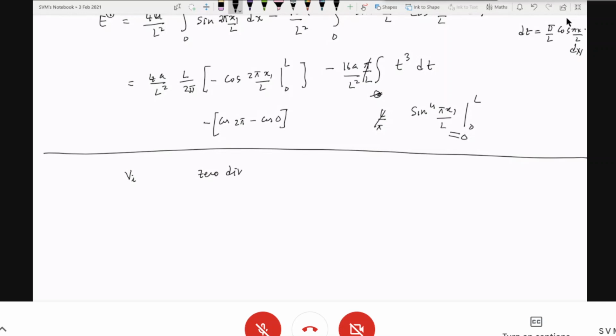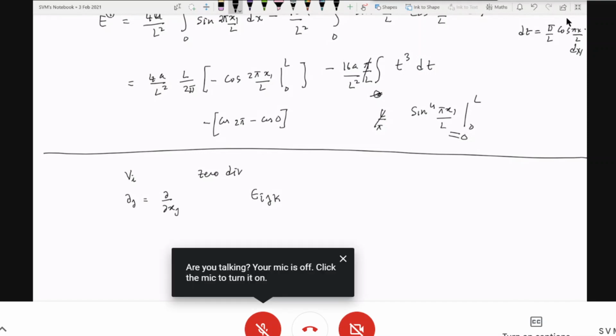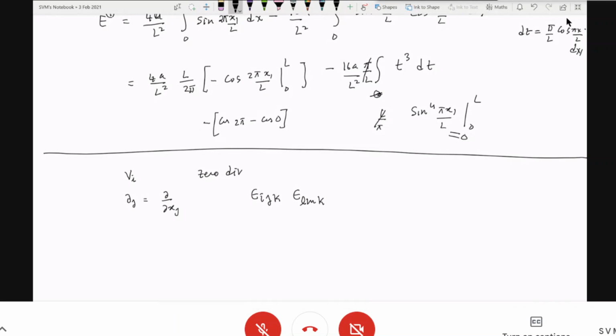If dou j is equivalent to dou by dou xj, the expression for epsilon ijk into epsilon lmk, dou j dou l Vm, is equal to. That's the question.